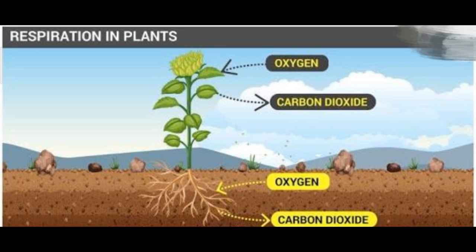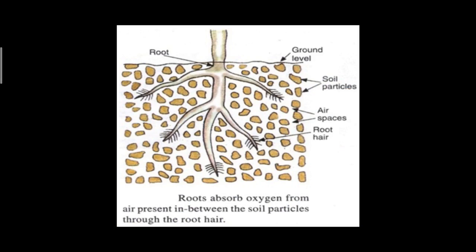Is it only through stomata that plants respire? No. Plants can respire through roots also. This is the root portion of a plant. Like all other living cells of the plant, the root cells also need oxygen to generate energy. Roots take up air from the air spaces present between the soil particles.